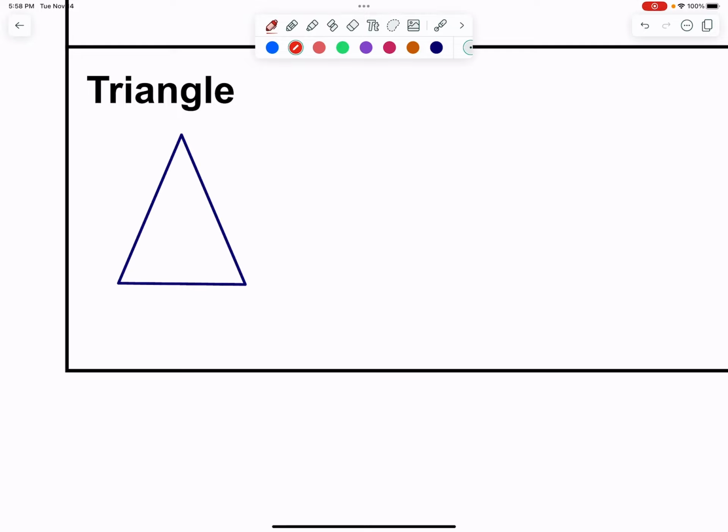This is my attempt at an isosceles triangle. Remember, an isosceles triangle means that two of the sides are the same. So if this side is 10, then this side is 10.